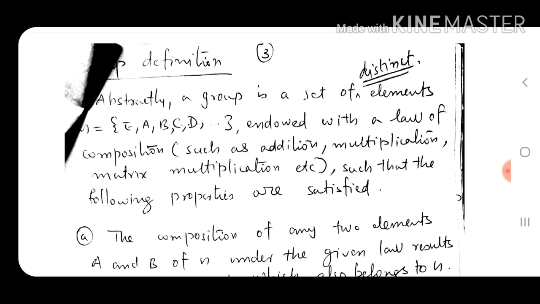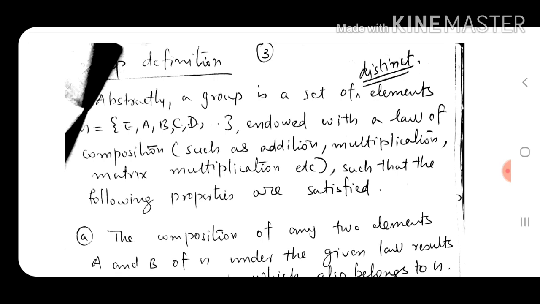Distinct elements means the elements should not repeat. G is the set of elements E, A, B, C, D, endowed with a law of composition. When you define a group, the set of elements should have some law of composition, how the elements come together.